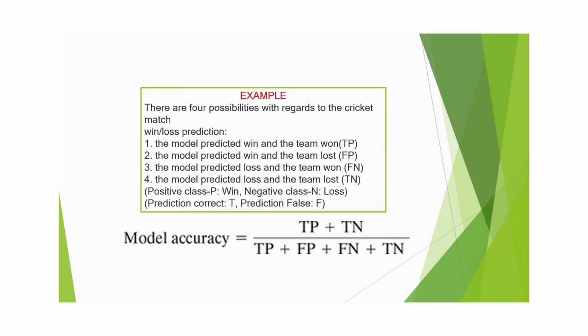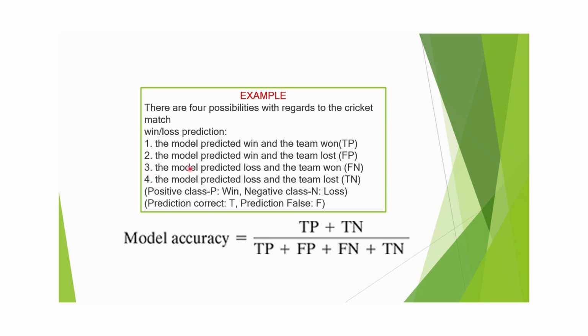Let us take a small example of a cricket match, predicting whether the team will win or lose the match. The model may predict a win, and actually the team wins. Then it is called a true positive or TP.